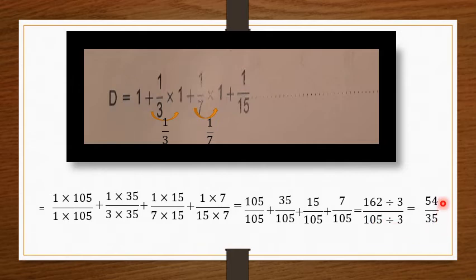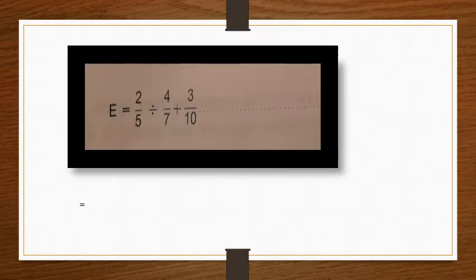I can't divide them by 2 since 35 is not an even number. The sum of digits of 54 is divisible by 3, but 35 is not divisible by 3. I can't divide them by 4, by 5 since 54 is not divisible by 5, nor by 6, by 7. I can consider it as an irreducible fraction.